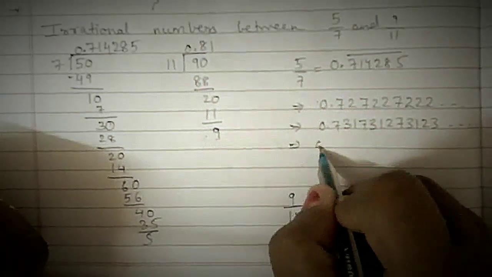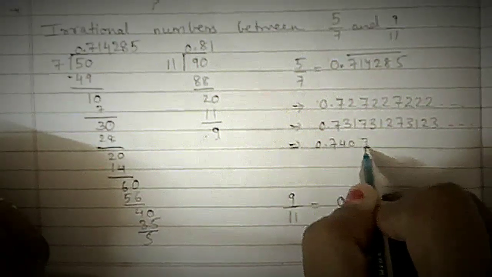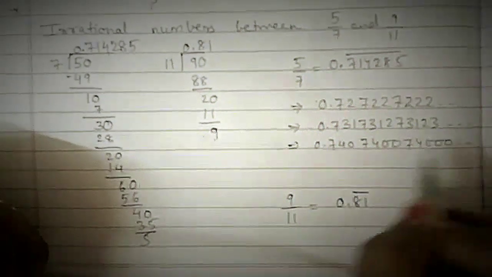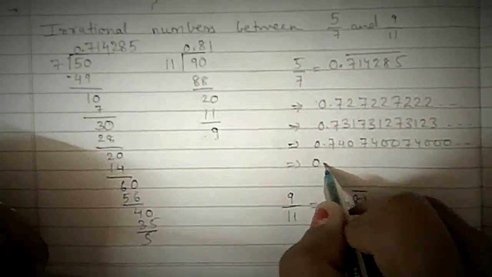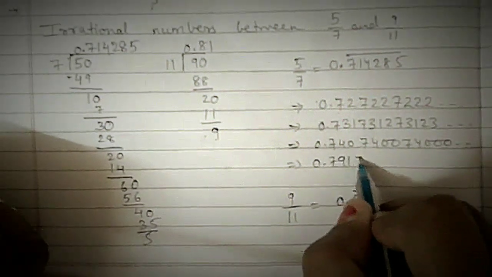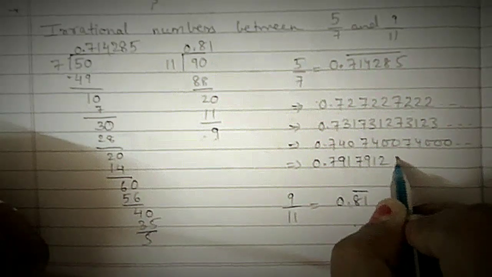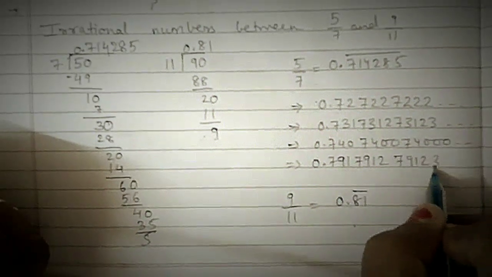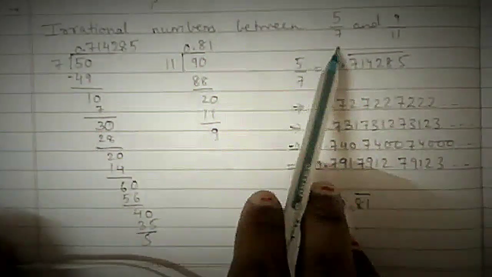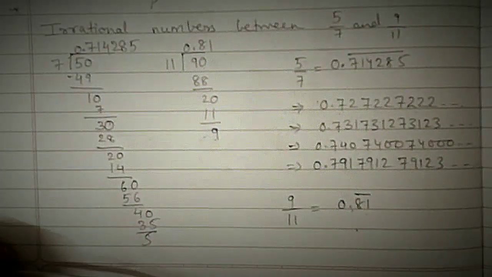Same way 0.740, 7400, 74000 and so on. In this way you will get infinite numbers. You can write 791, 7912, 79123 and so on. So these are the irrational numbers between the two rational numbers, 5 upon 7 and 9 upon 11.